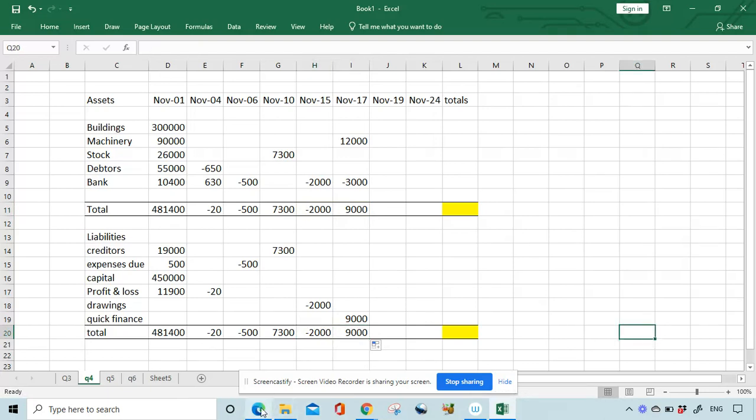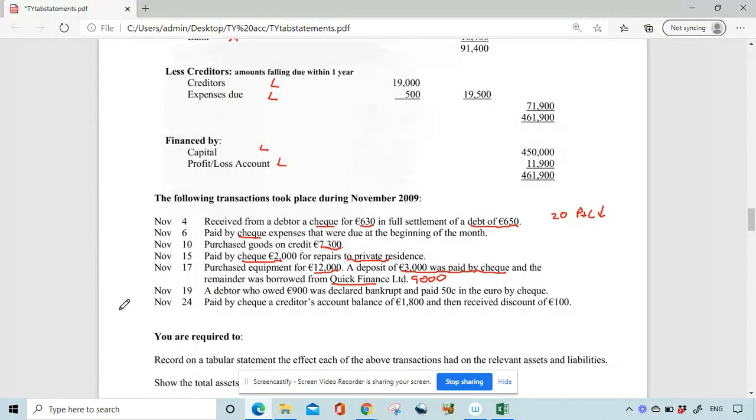November 19th, a debtor, so someone who owed us €900, was declared bankrupt and paid 50 cents in the euro. What that basically means is they paid us half, and we put it into the bank. The other half we're going to write off as a bad debt.